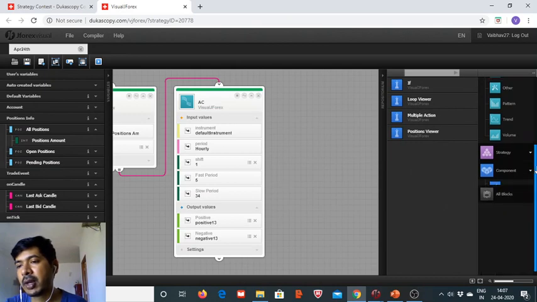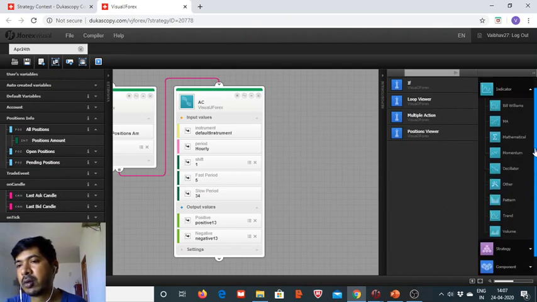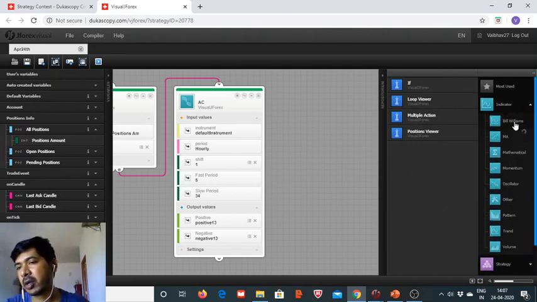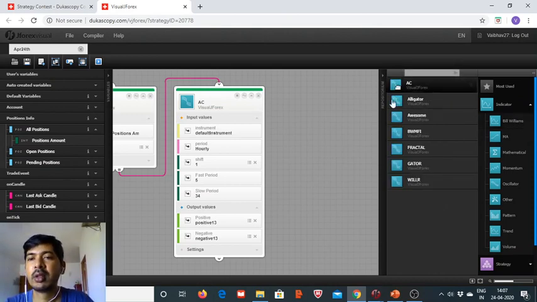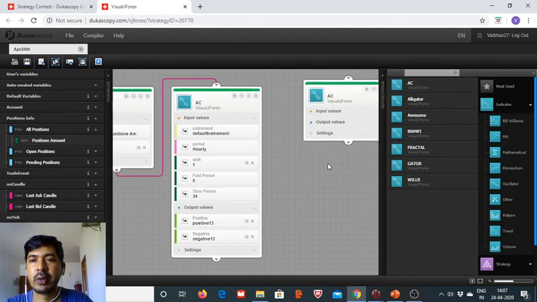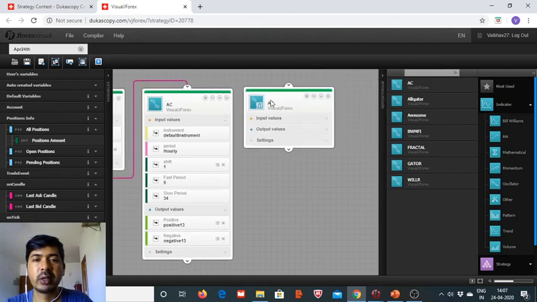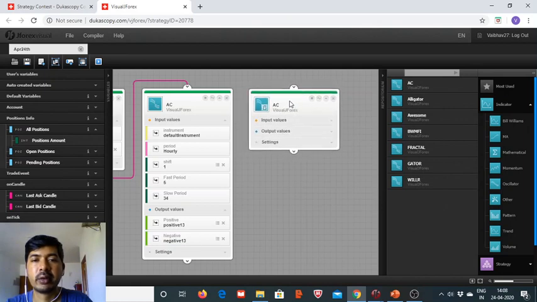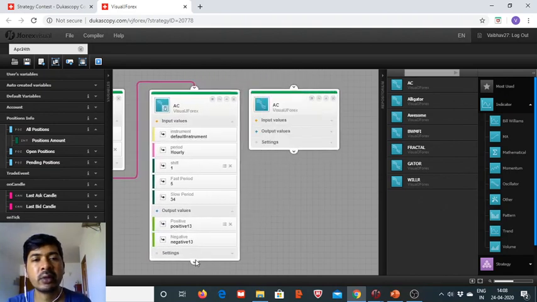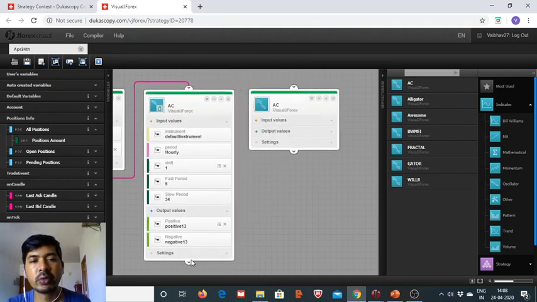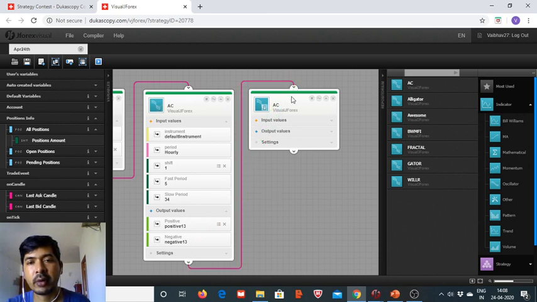Now we go back to the indicator field, and here we have to use the AC2 acceleration deceleration oscillator. So here we try to join the dots. Okay, we got it right.